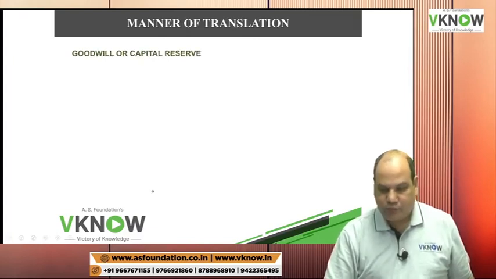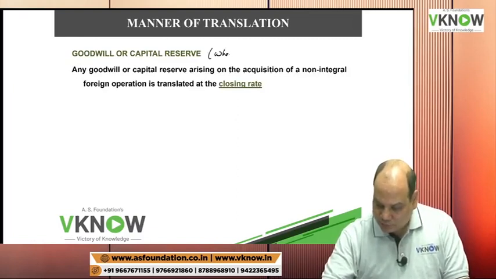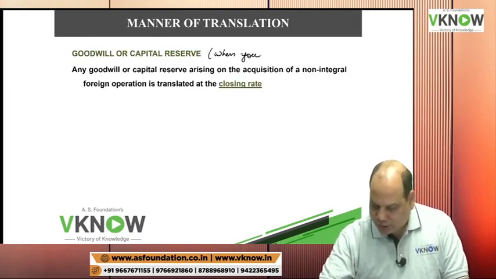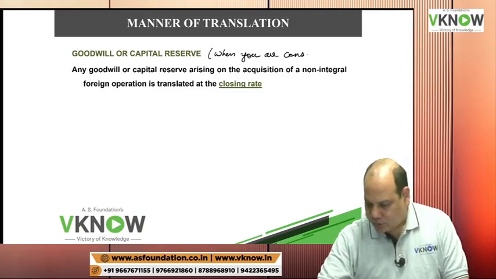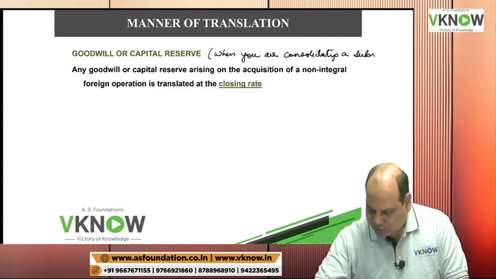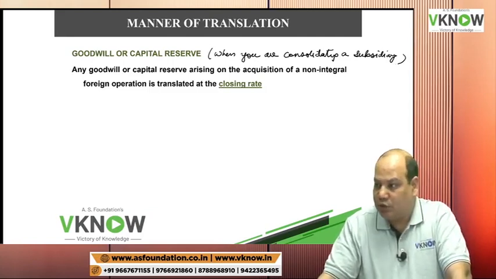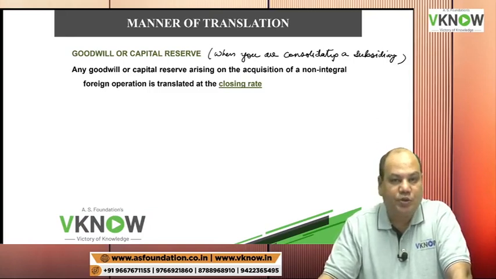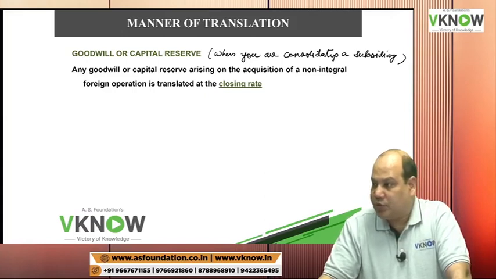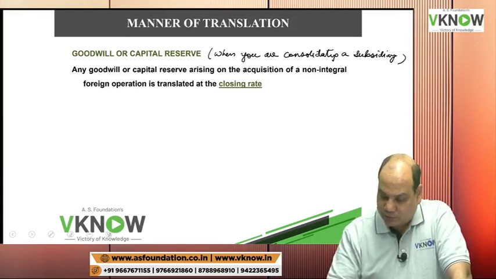Next point, goodwill or capital reserve. Now this will arise when you are consolidating a subsidiary. But as I said, consolidation is not a part of your syllabus. Still, because it is written in the standard, I have to tell you, when you are consolidating a subsidiary, it will give rise to either goodwill or capital reserve.